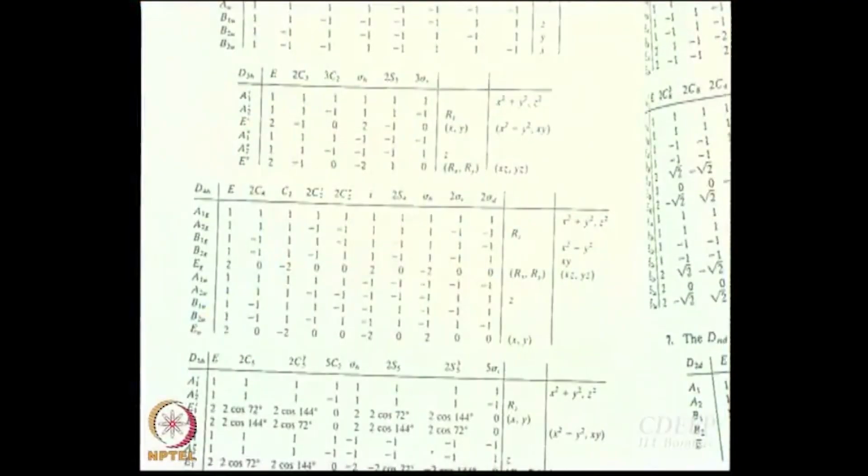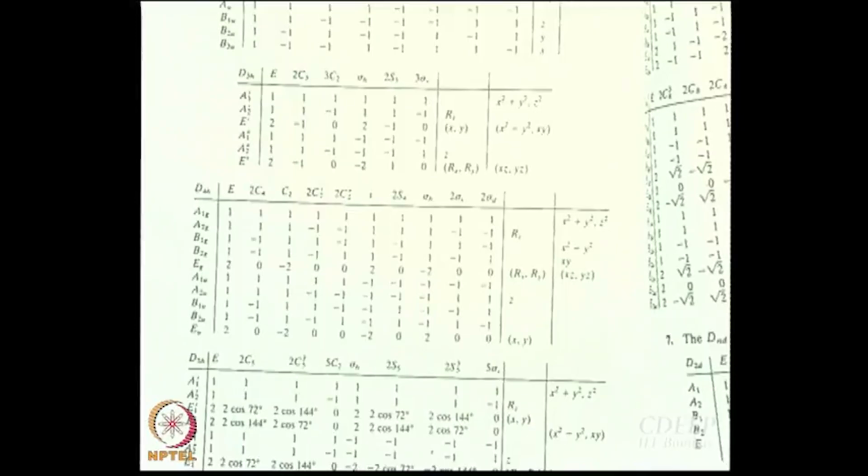What about C2? Sigma 3. So far we have sigma 1 plus sigma 2 plus sigma 3 plus sigma 4. Now, what is next? 2 C2 dash, the one going through the bonds. First C2 dash gives sigma 1, second C2 dash gives sigma 3.